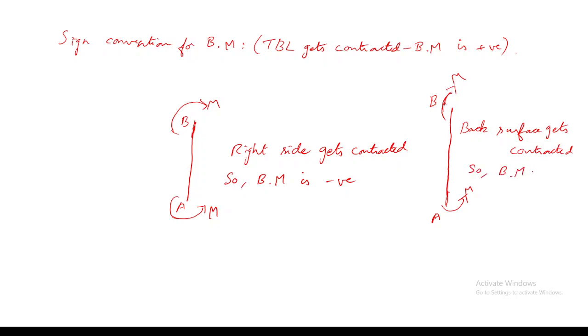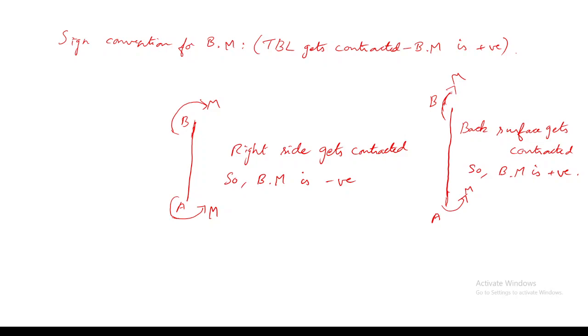So now it's clear, right? What is the sign convention? You should all view it from the front only. Always we have to view from the front to get which surface actually gets contracted. Maybe for the bending moment sign, since it is not clear, I have to tell you to look from the right side plane.